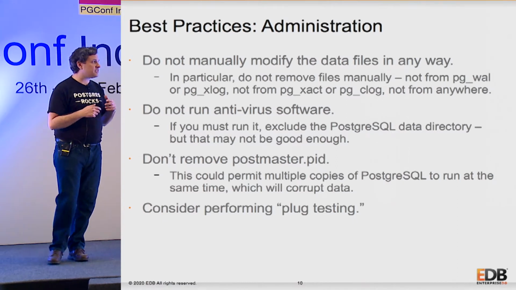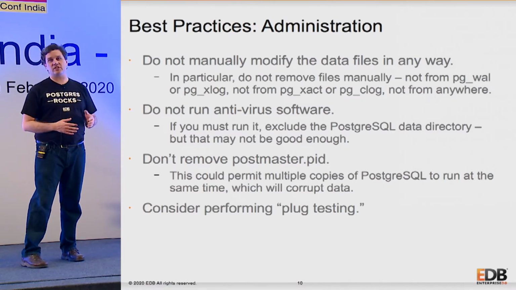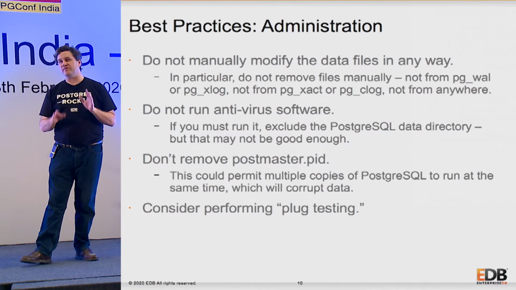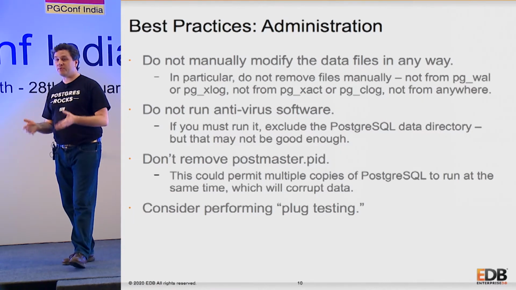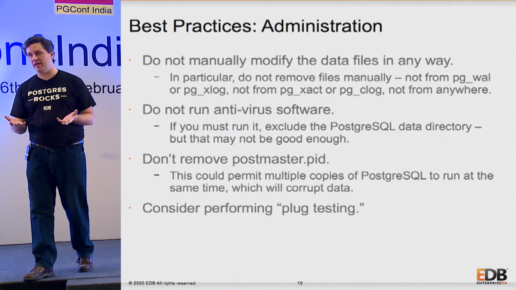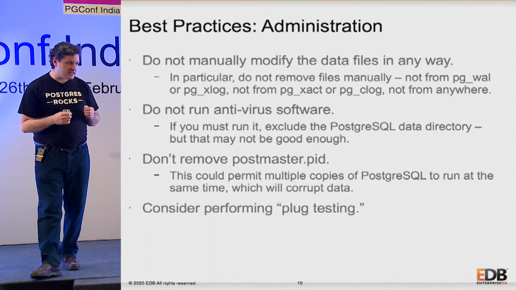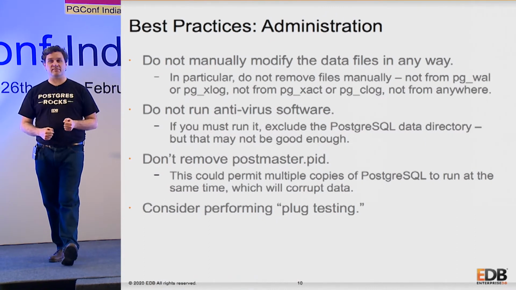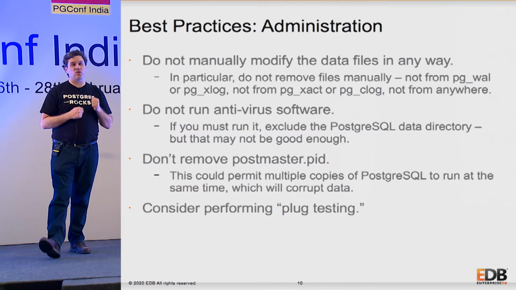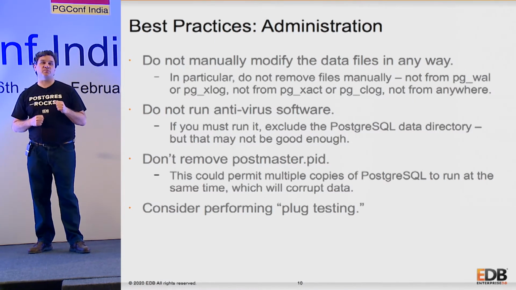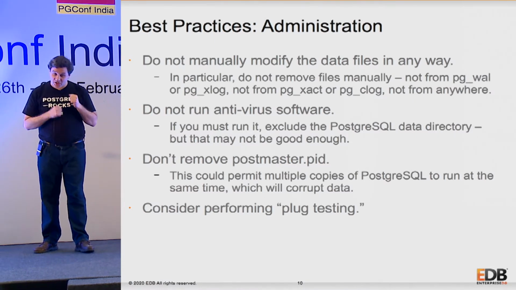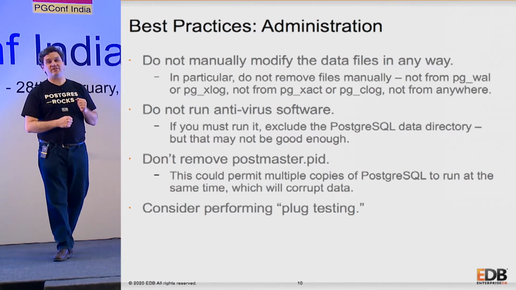Well, what you have to understand is that every file in the PostgreSQL data directory, except for a couple of text configuration files like postgresql.conf and pg_hba.conf, is intended to be managed by the system. PostgreSQL wants those WAL files gone just as much as you do. And it has concluded that it would be unsafe to remove them.